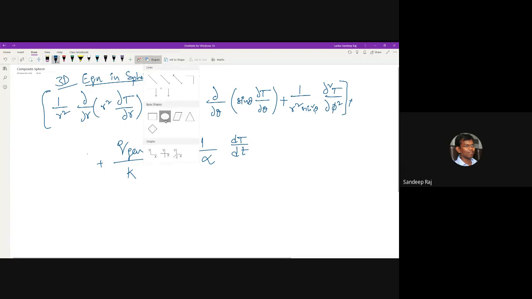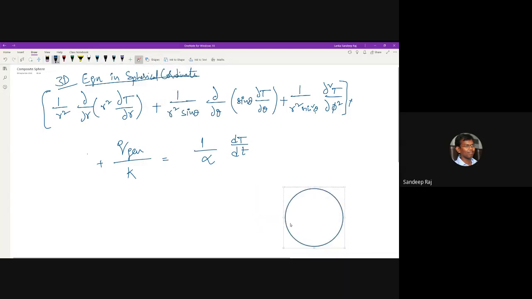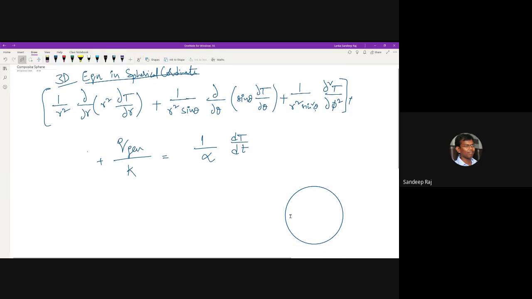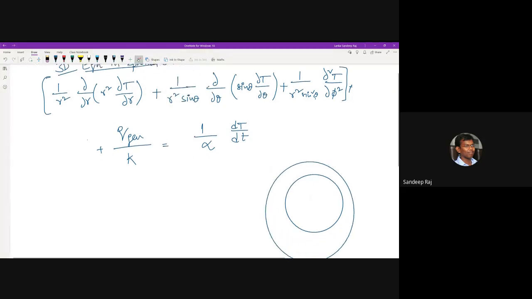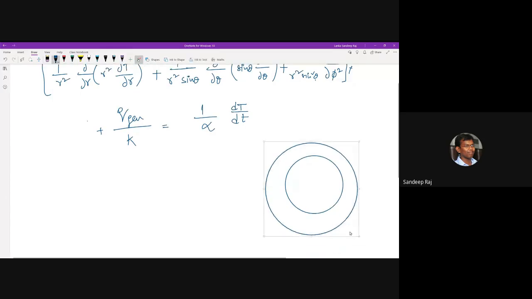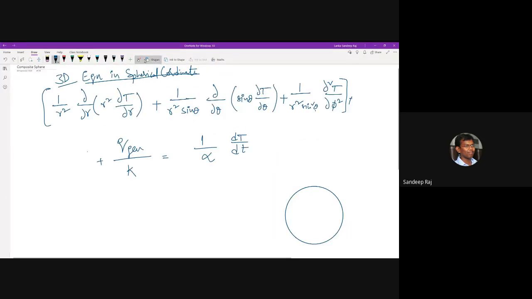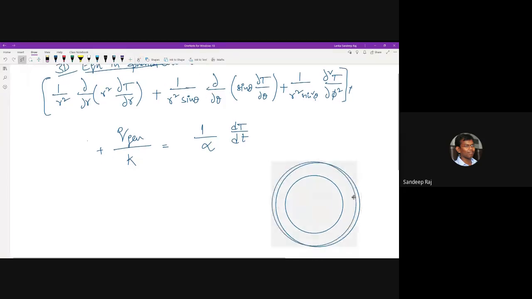I'll consider a sphere here, a hollow sphere with so and so radius. Radius and all I'll take later, but I'll consider certain assumptions here.